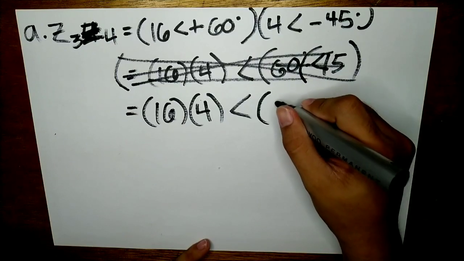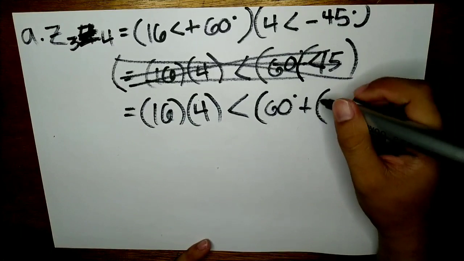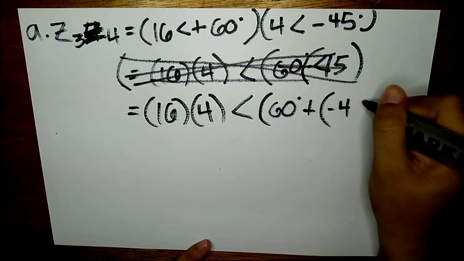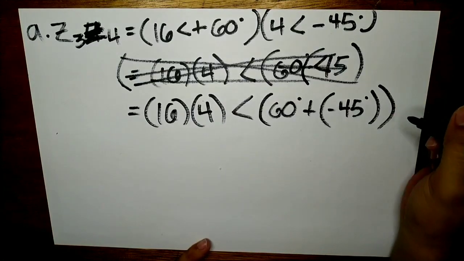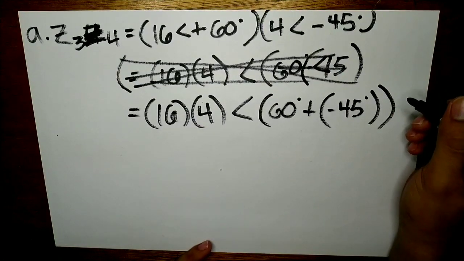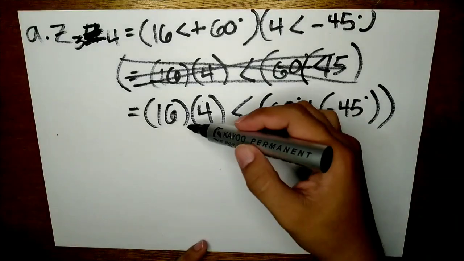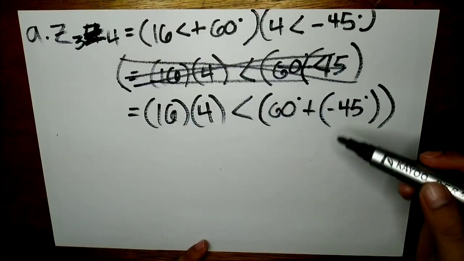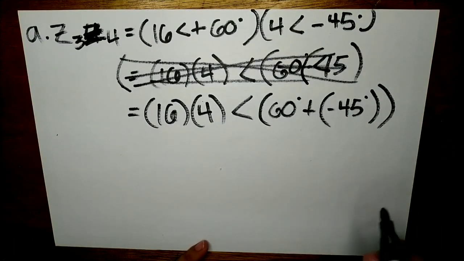Should be 60 degrees plus, open parenthesis, negative 45 degrees, close parenthesis. It should be like that, guys. Now after that, we need to multiply 16 by 4 and subtract 45 degrees to 60 degrees for us to get the final answer.